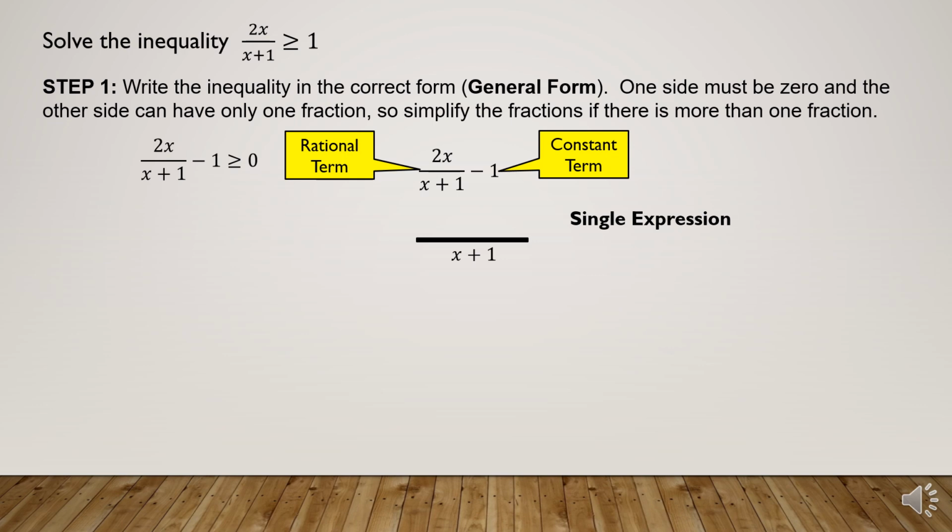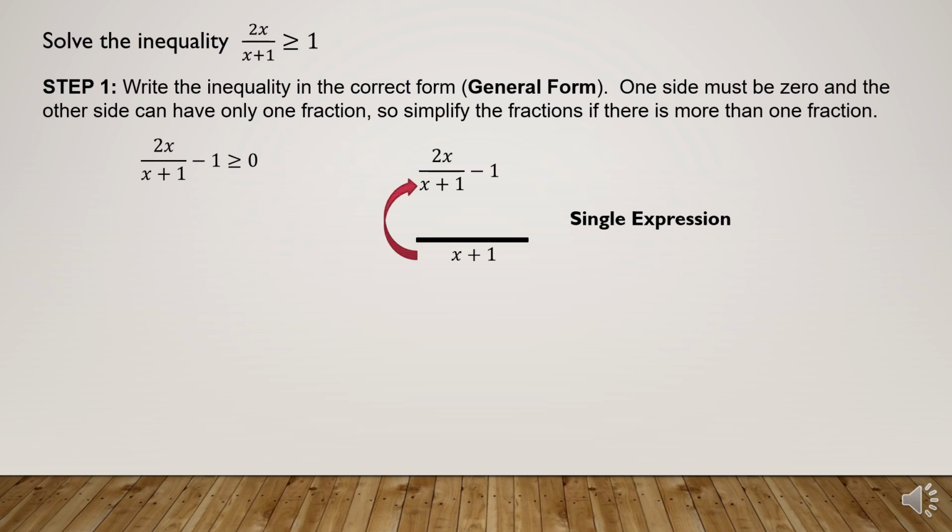Since you already have the LCD, LCD divided by the denominator of the rational term, the result is 1, then you multiply it to the numerator. So the result is 2x.